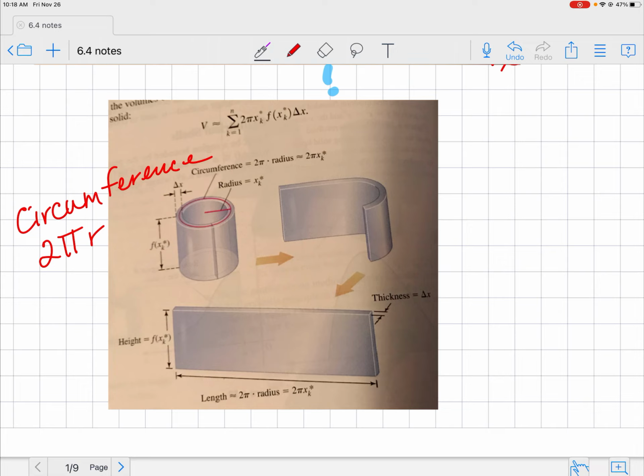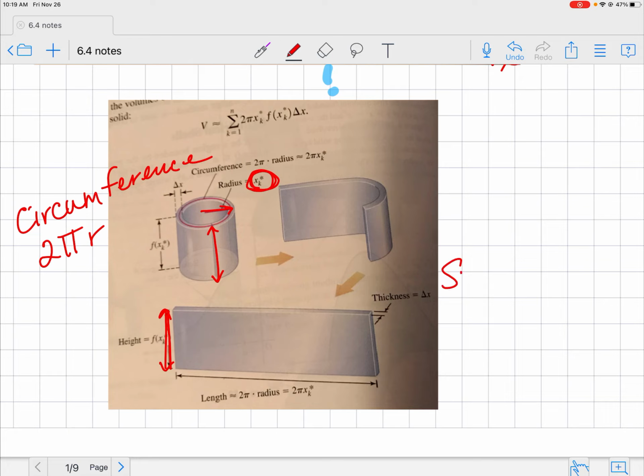That's why we're saying my radius here is this x sub k, because it's how far I get out there to my function. Then I also have a height, because this is a cylinder. This is my x value. This is how I get to my function. That's the height of my function.